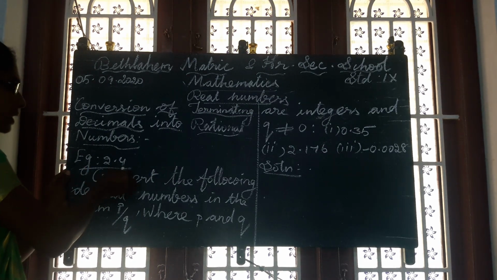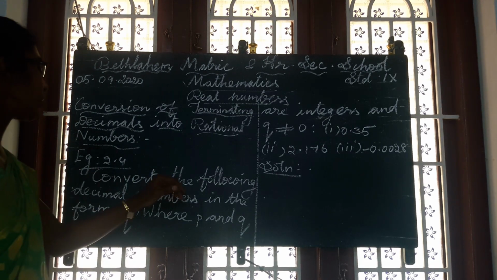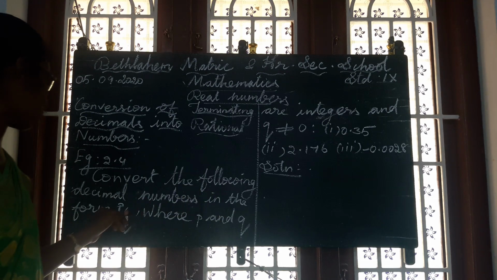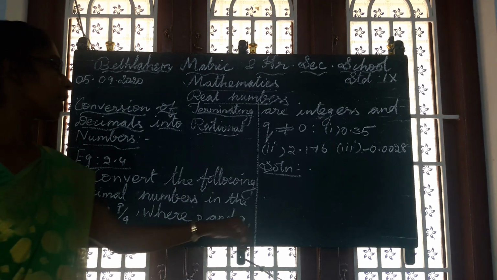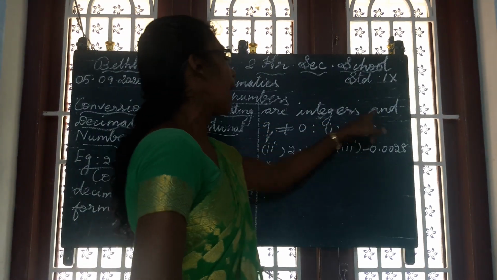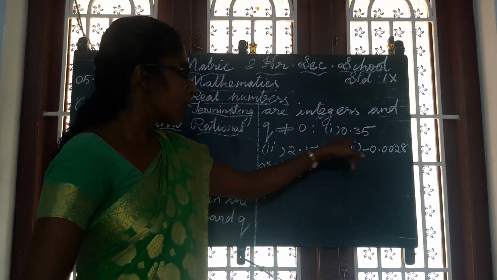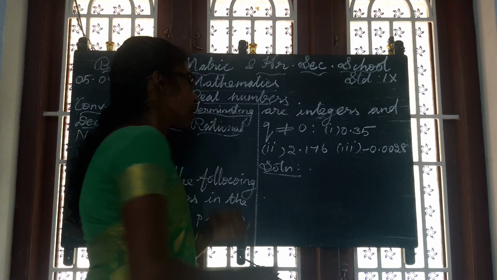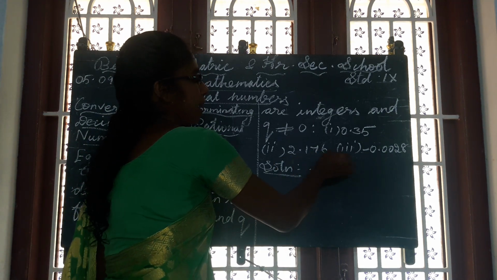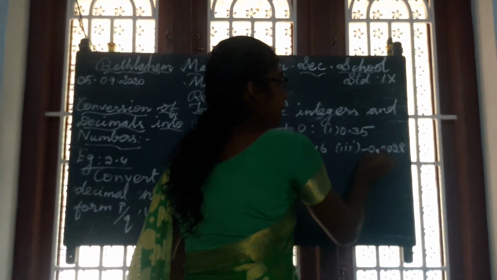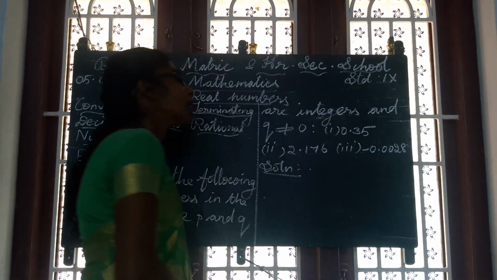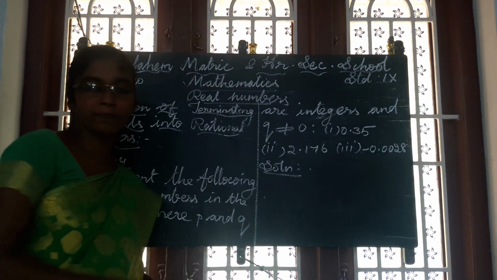Example 2.4. Convert the following decimal numbers in the form of p by q, where p and q are integers and q is not equal to 0. First one 0.35, second one 2.176, third one minus 0.0028.